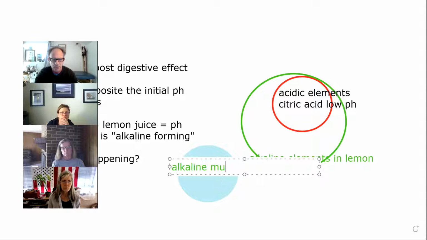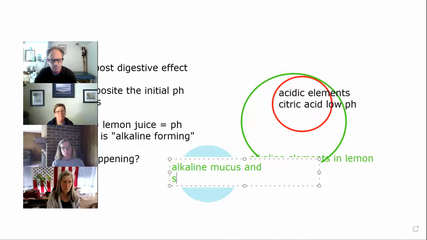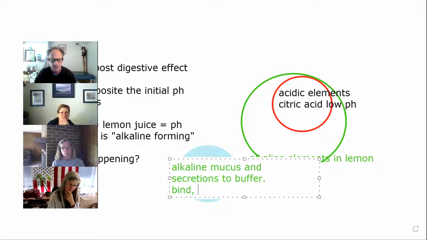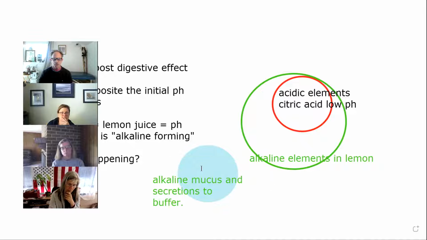So the body is taking alkaline mucus and secretions to buffer, bind, alter pH. So the alkaline mucus comes in, and we'll draw an arrow now.